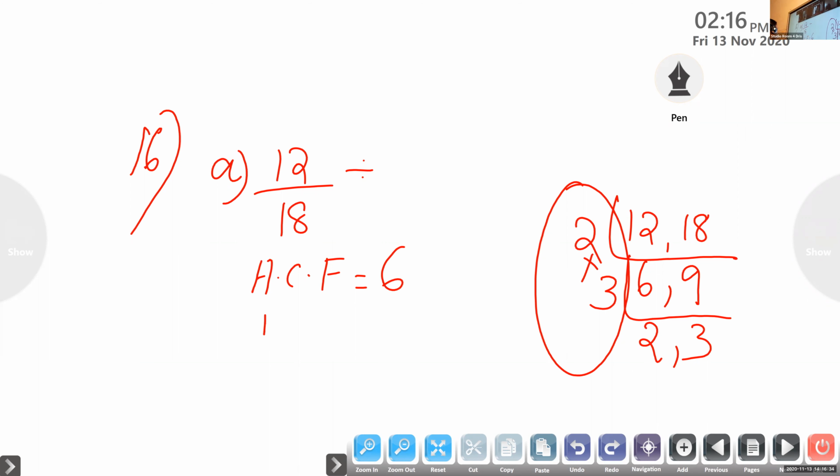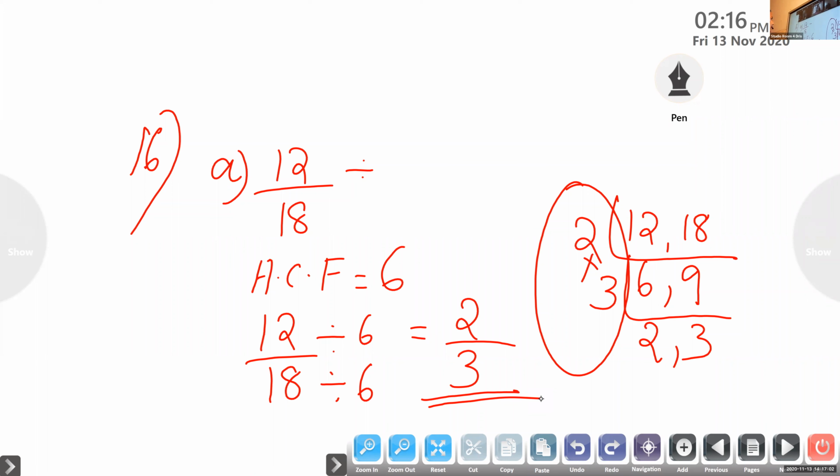Take 12 by 18, divide by 6. Here also divide by 6. So what's the answer? 2 by 3. 2 times 6 is 12, 3 times 6 is 18. So 2 by 3 is the answer.